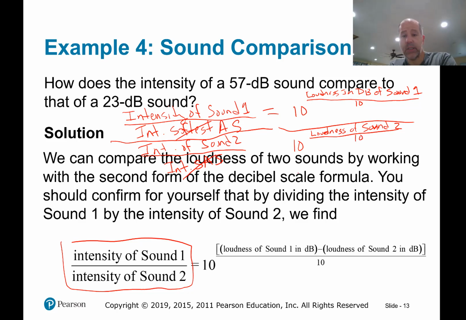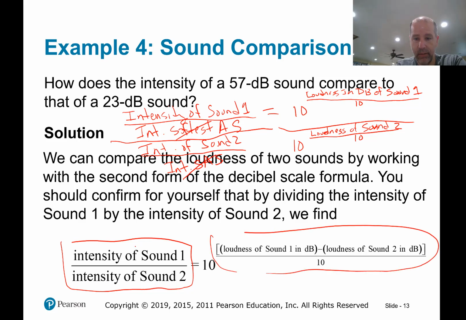Now, the property of exponents says that if you're dividing two exponentials with the same base, you subtract the exponents. So that's how we get this, because we just take the top minus the bottom, which is what we get here. Okay, just so you see how it's derived. So it's just not pulled out of thin air.